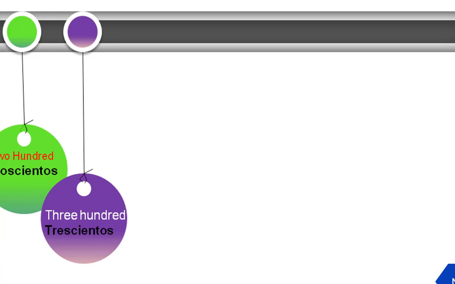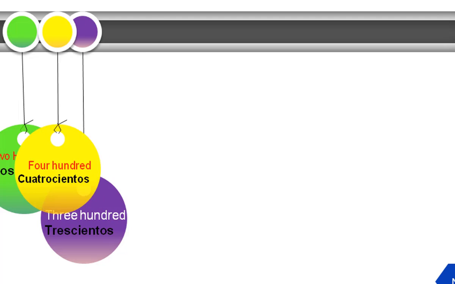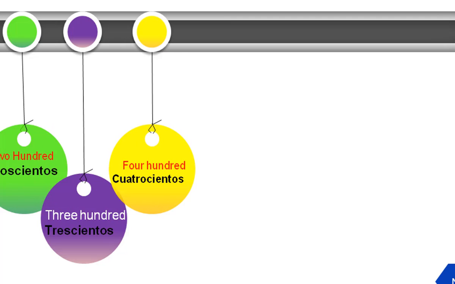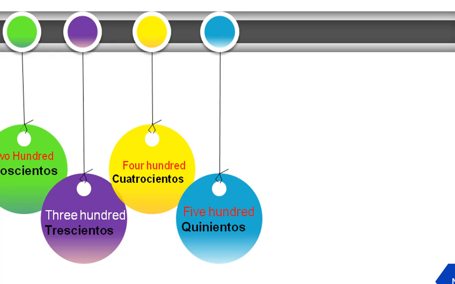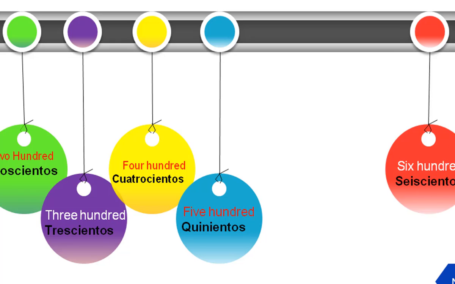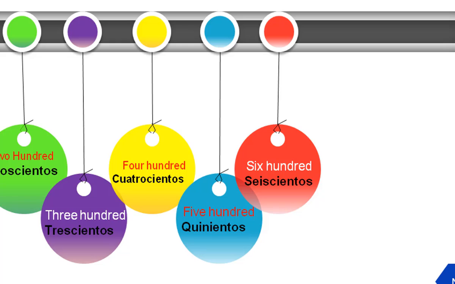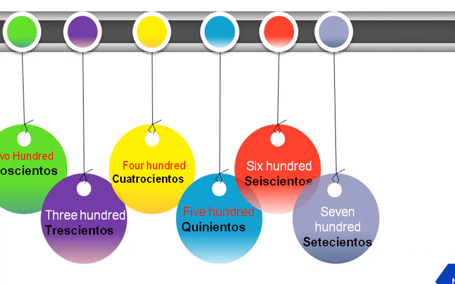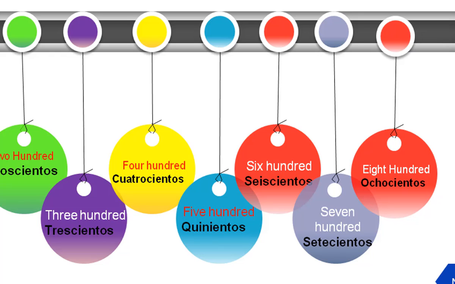Alright. 200, 300, 400. 500 is the rule breaker. 600. 700, rule breaker. 800. 900, rule breaker.